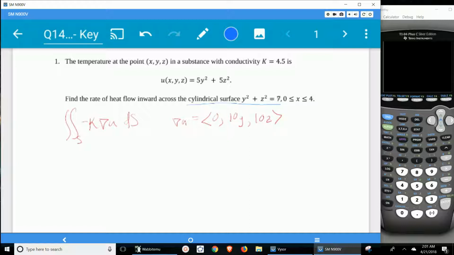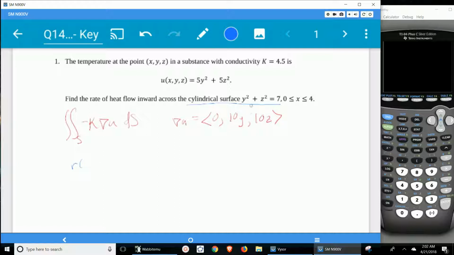And it looks to me like the base of it, so to speak, would be a circle of radius 7. So if we were going to parameterize that, I better not use U since we already used it.